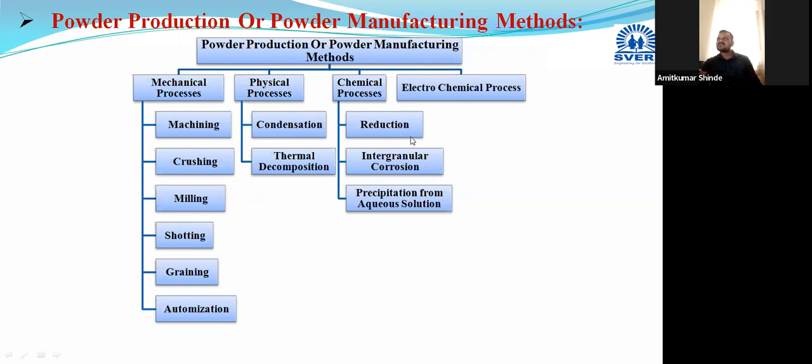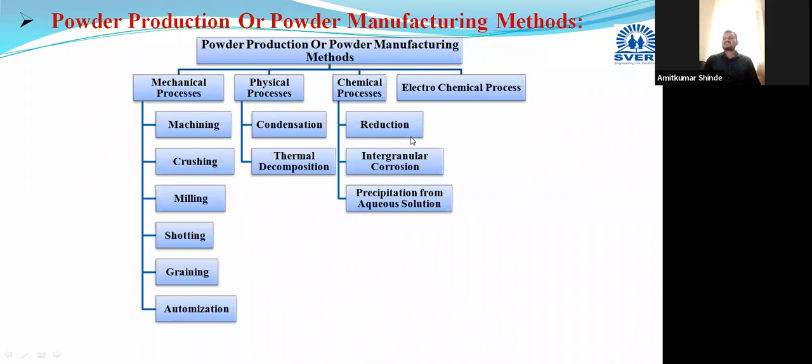If tungsten is manufactured using carbon as a reducing agent, that tungsten is used for manufacturing cutting tools. If tungsten is manufactured using hydrogen as a reducing agent, then that tungsten is used in the filaments of lamps or in electrical contact materials.